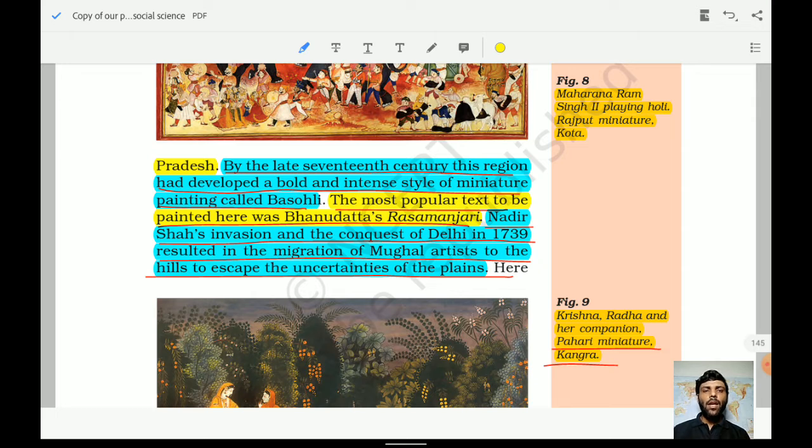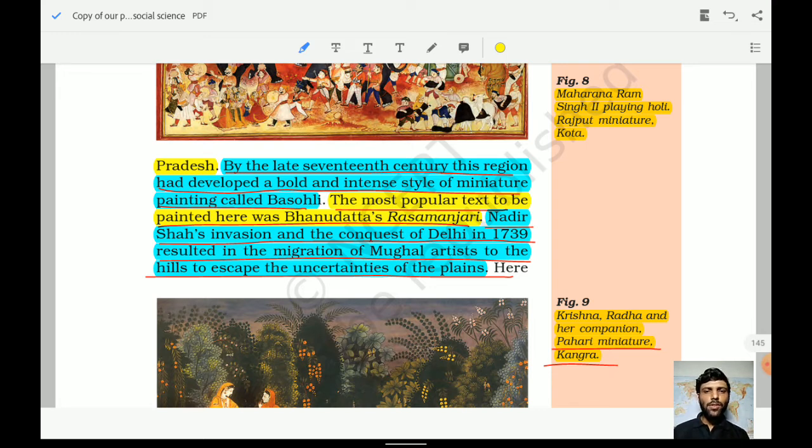Remember this. Now, we can say that the invaders who came to India caused the migration of these artists. Some information has been provided here as well, about how Nadir Shah's invasion and the conquest of Delhi in 1739 resulted in the migration of Mughal artists to the hills to escape the uncertainties of the plains.